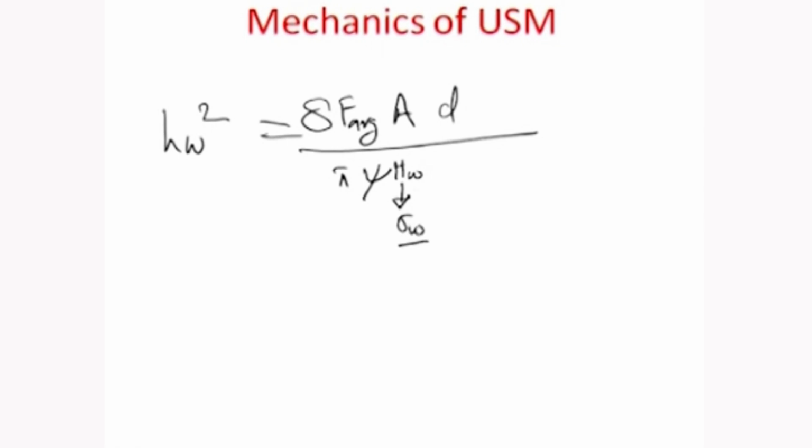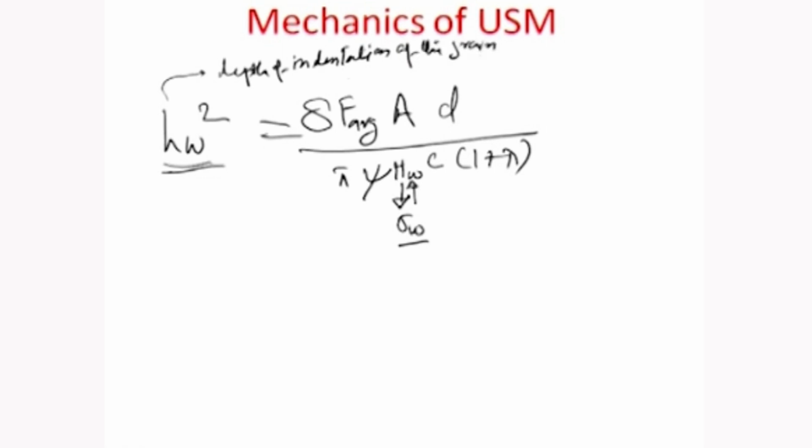So sigma W and HW are interconvertible. HW times C times 1 plus lambda. And where this small HW, as you know, is the depth of indentation of the grain on the workpiece surface.